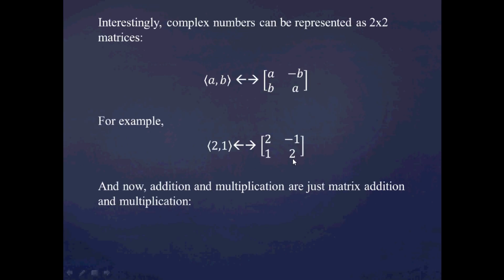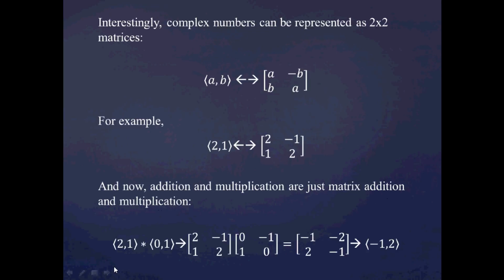Now, what's nice about writing it in this way is that I don't have to define any new operations. So addition and multiplication for complex numbers written as a matrix is just matrix addition and multiplication. For example, if I wanted to multiply (2, 1) and (0, 1), I can first write them as matrices. I would write (2, 1) as [[2, -1], [1, 2]], as I did up here.